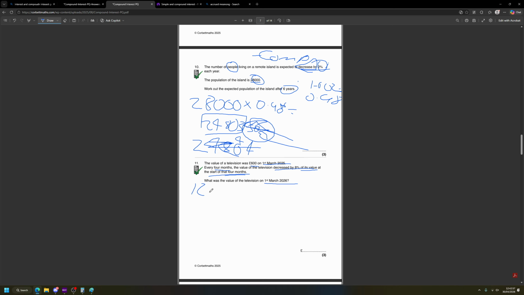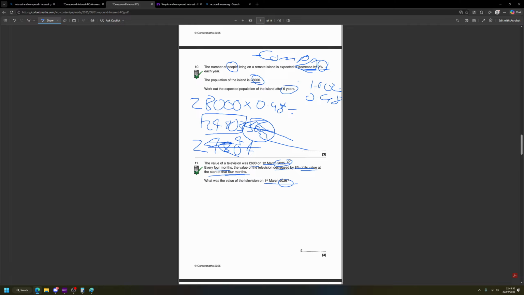And this really did not need to be written down, but I'm doing it anyways. If it's every 4 months and there's 12 months in a year, then you get 3 intervals, I guess, of compounding. That's important to know because before, the indice was always the year, right?